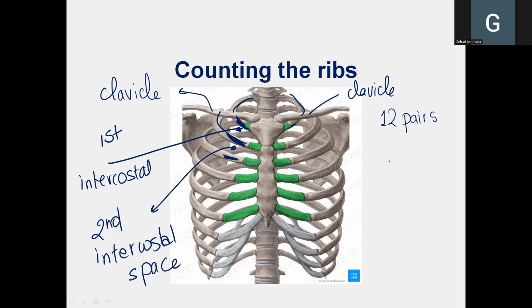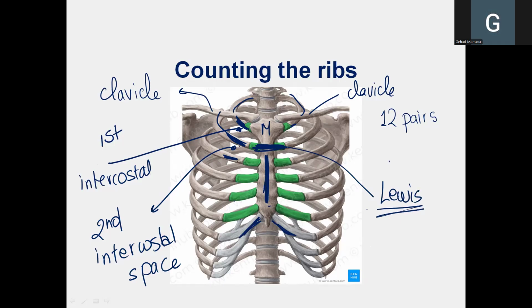And then don't forget that the upper 7 ribs are directly connected to the body of the sternum. This is the body of the sternum. This is the manubrium sterni, and this is the sternal angle, or the angle of Lewis.